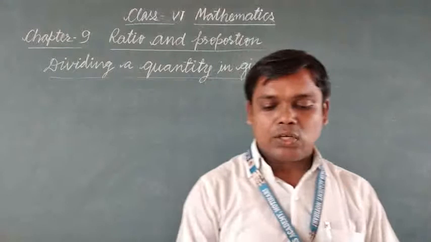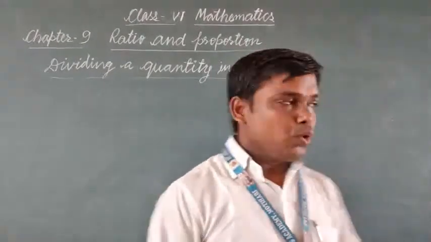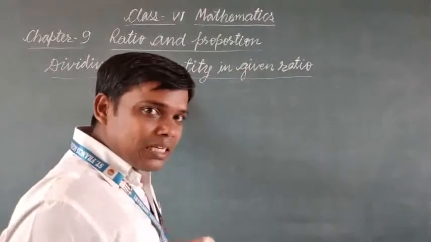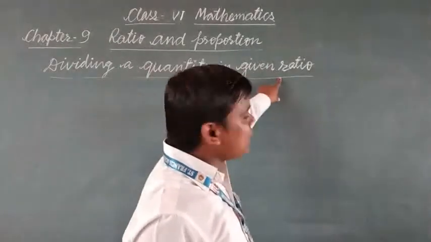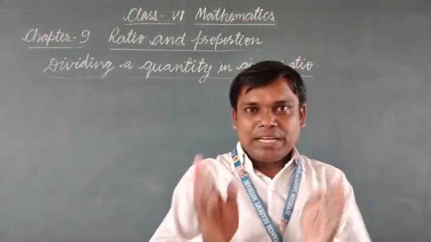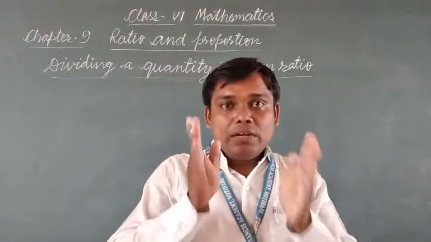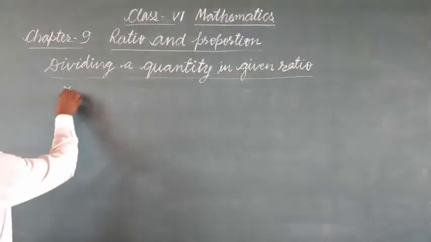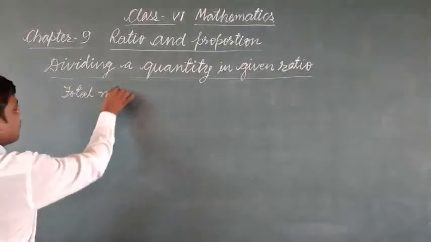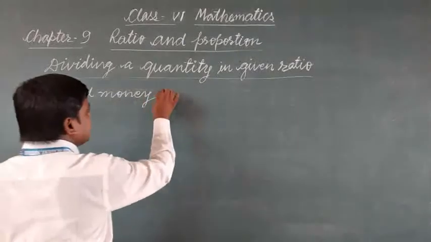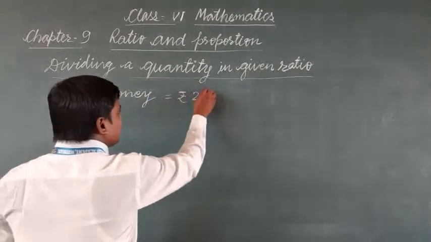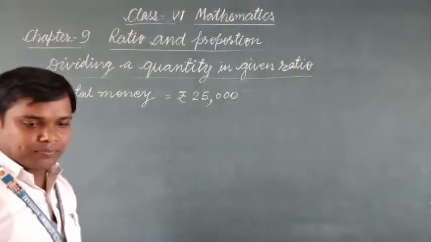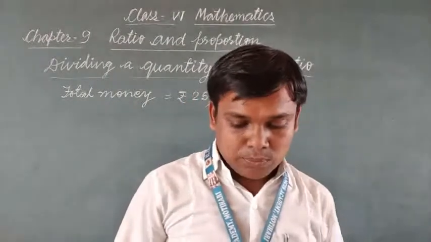How much money did the son and daughter receive? Here the total money is rupees 25,000.